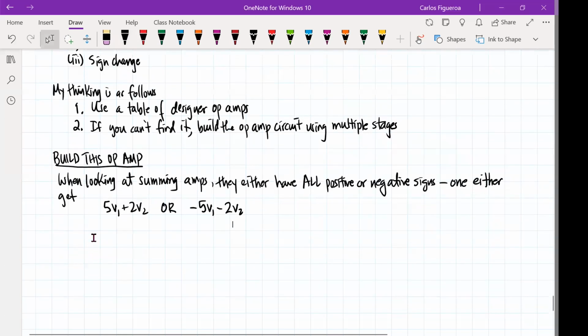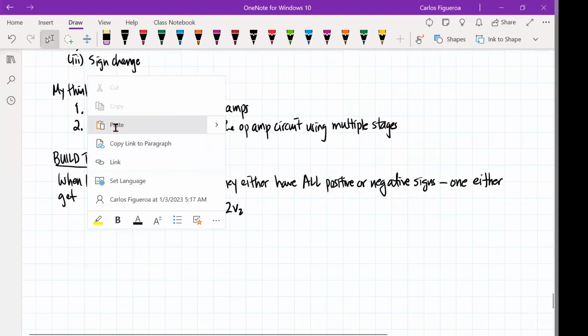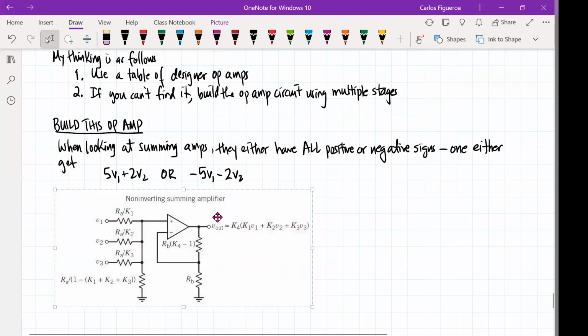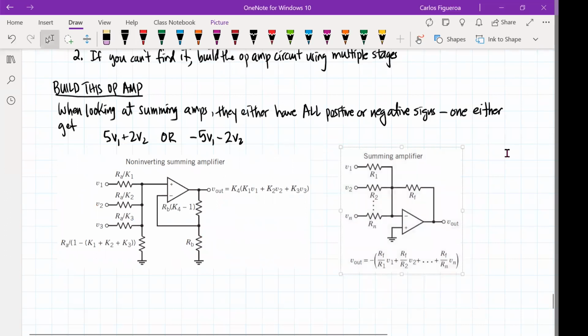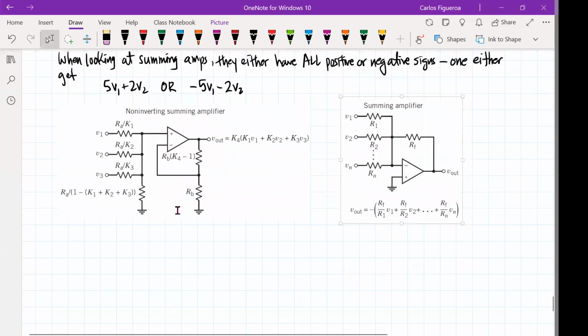So if you see that, like here's one, just Googling it, there's a non-inverting one, so that gives me all positive signs. And then I have a summing one that looks like this. So you could see that I could either get only positive or negative.